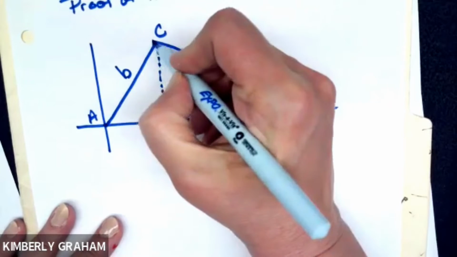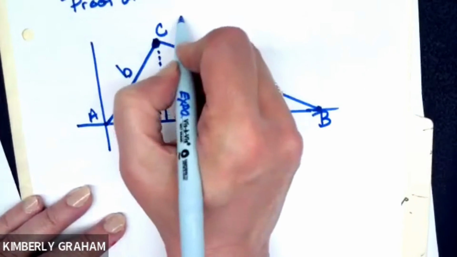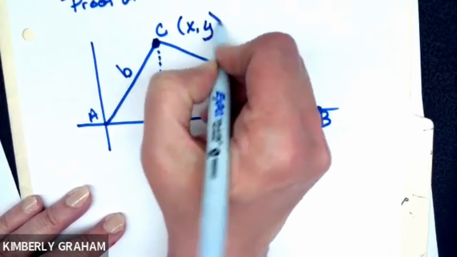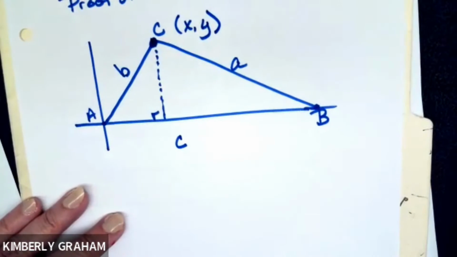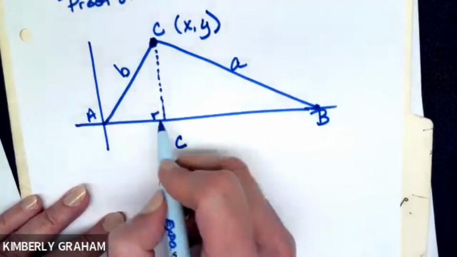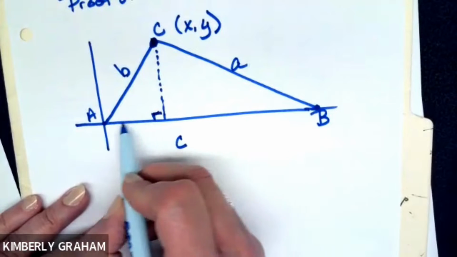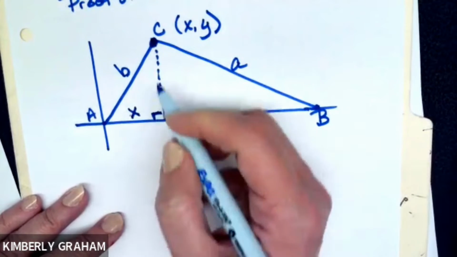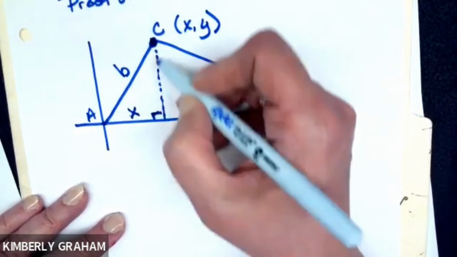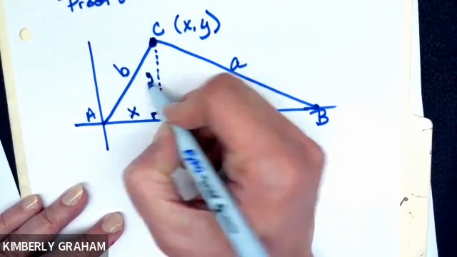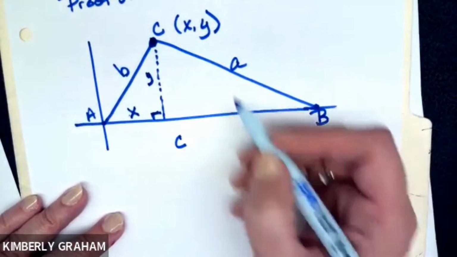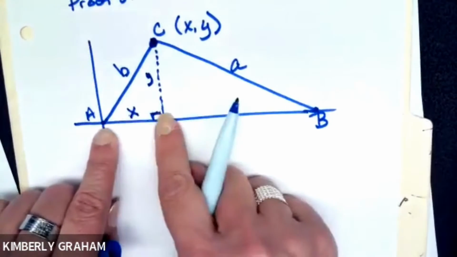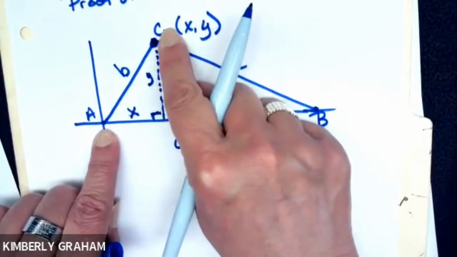Now, this point C is some point X, Y, right? An X coordinate, a Y coordinate. The length of this part of my triangle is X, and this height is Y. Because this is the point XY, that means you go over X units, up Y units.